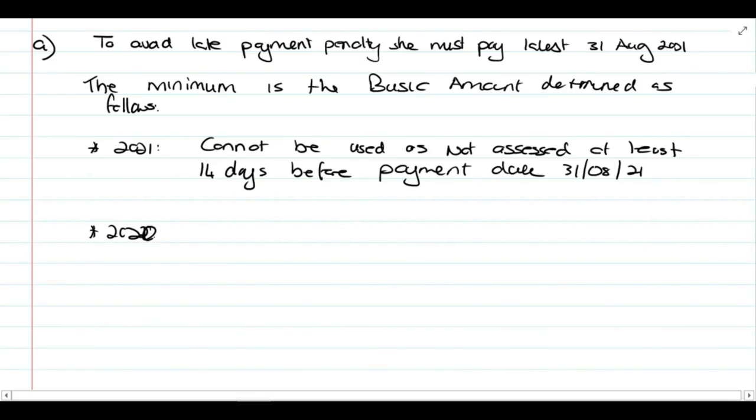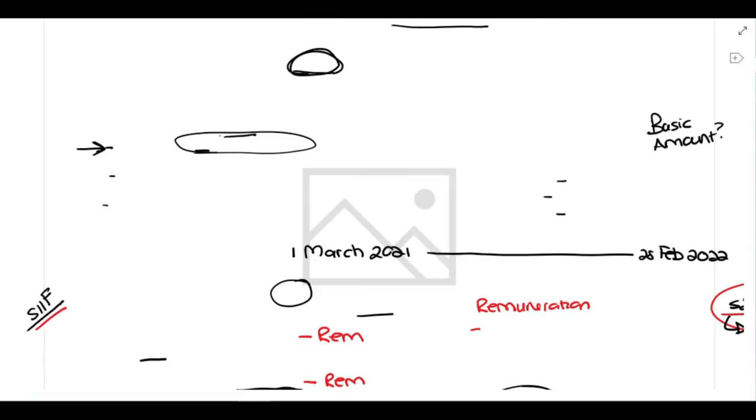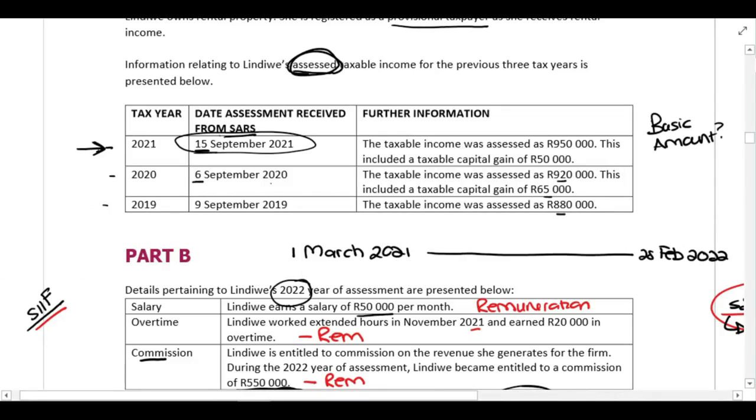2020 is our next one. Can we use this one? Is the 6th of September 2020 14 days or more before the 31st of August 2021? Yes, it is. So can we use it? Yes, we can use it. This includes the taxable capital gain. Remember, the capital gain must be excluded for the basic amount.